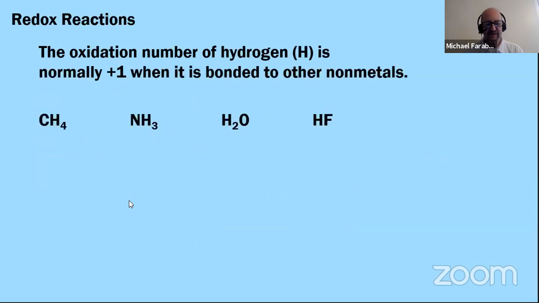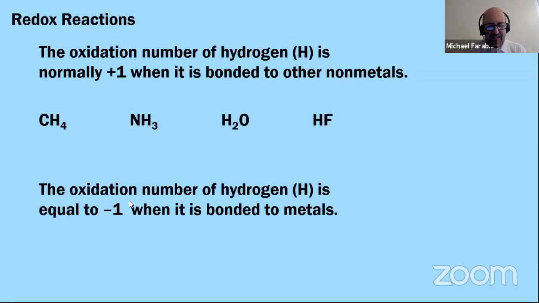All right, here we have more examples of some rules, and then I'll give you some practice. Hydrogen is normally +1, except when it's bonded to a metal. In this situation, the alkali metal sodium is +1, and that makes the hydrogen -1 when it's bonded to a metal. The alkaline earth metal calcium is +2, and that makes the hydrogen -1 when it's bonded to a metal.